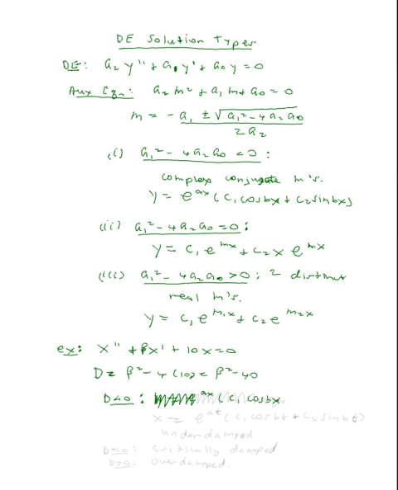Our solution is supposed to be x, which is a function of t, so let's fix that. Our solution will have the form x equals e to the at times c1 cosine bt plus c2 sine bt.